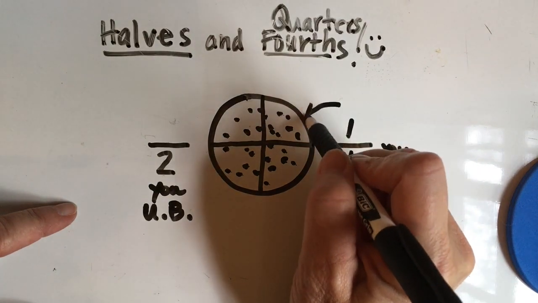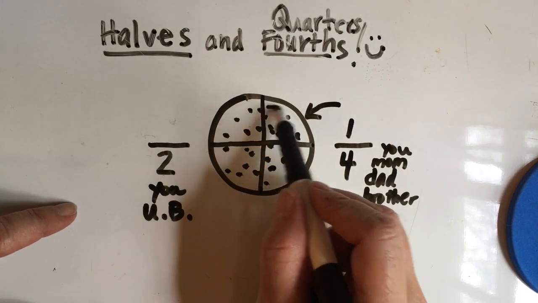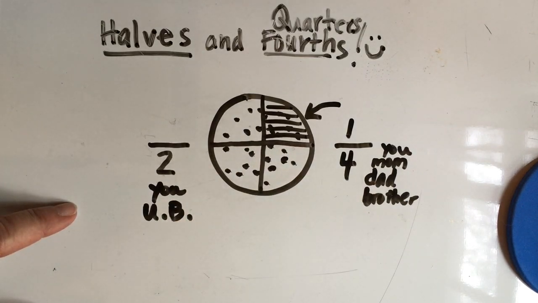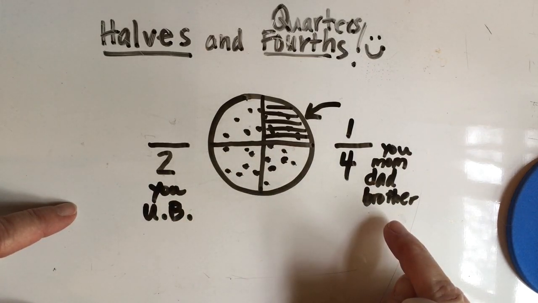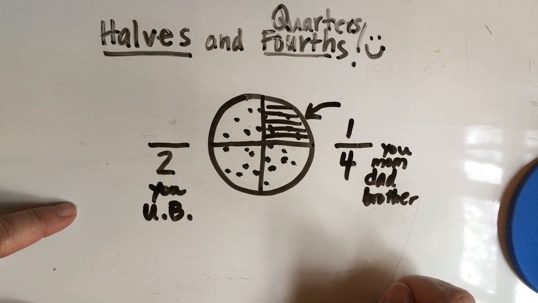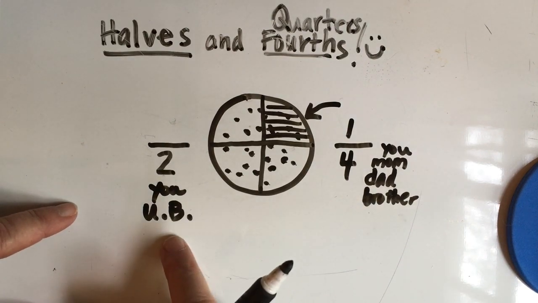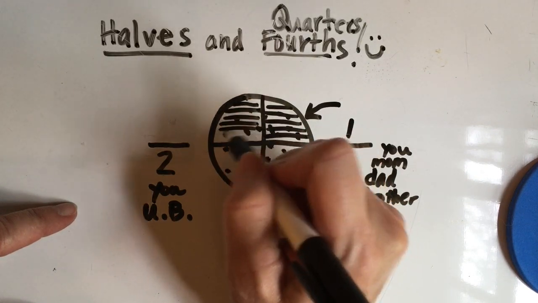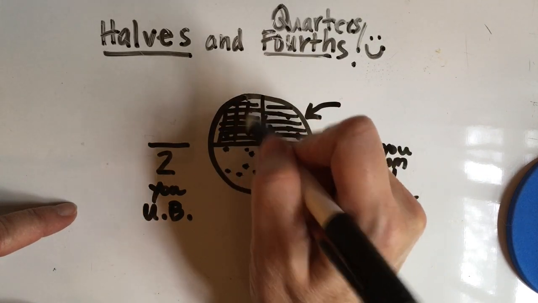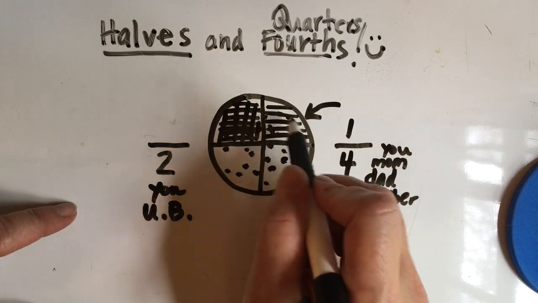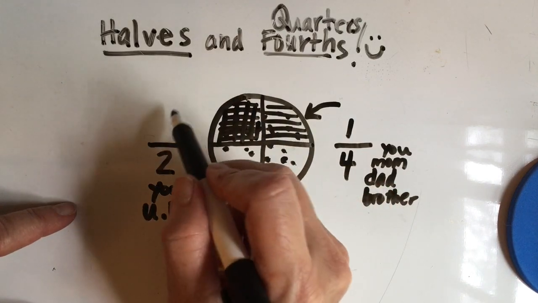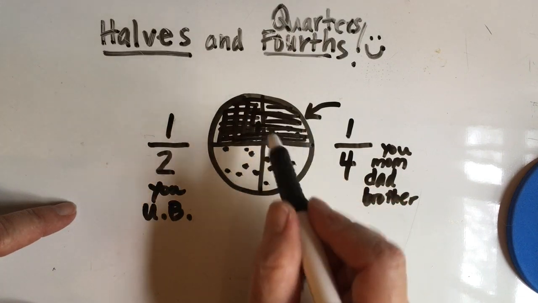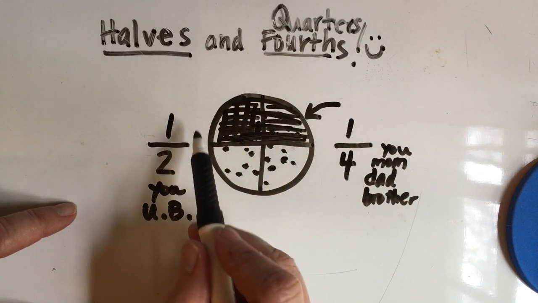So that's what you would get. That much of the pizza if you were sharing with your mom, your dad, and your brother. If it's just you and Uncle Bubba, you would get this whole thing. This whole hunk, right? Because that's 1/2.